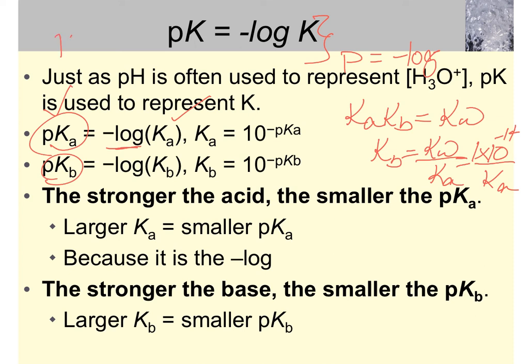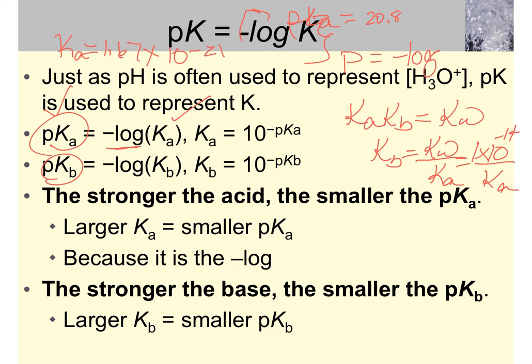If you have a Ka of 1.67 times 10 to the minus 21, it's a lot easier to take the log of that and write it as, I don't know what this would be, 20.8 something, than the scientific notation.